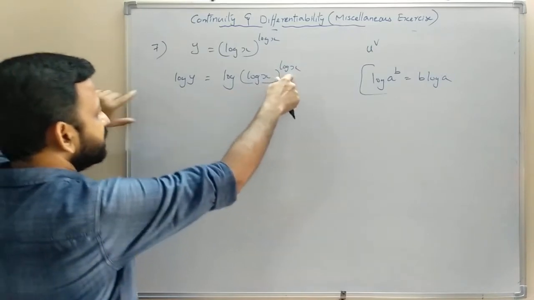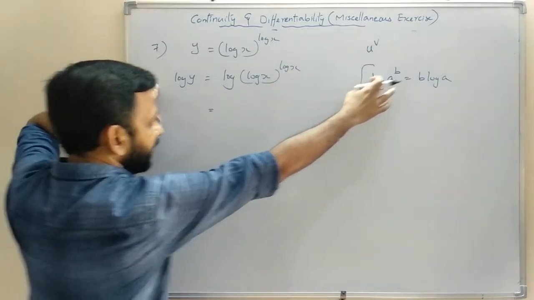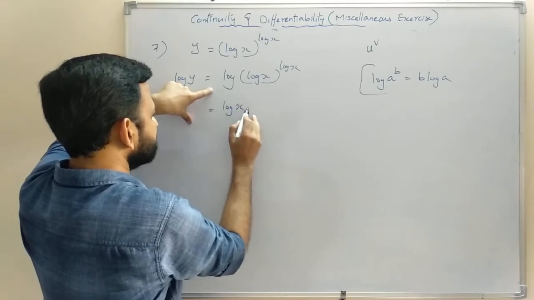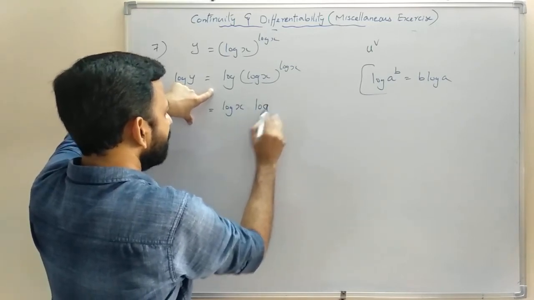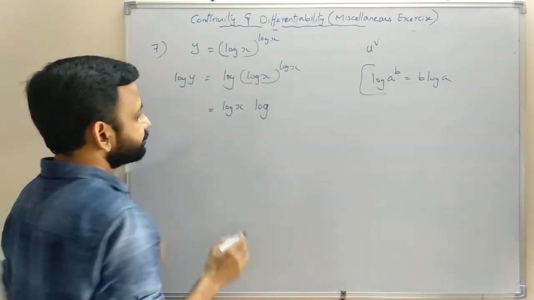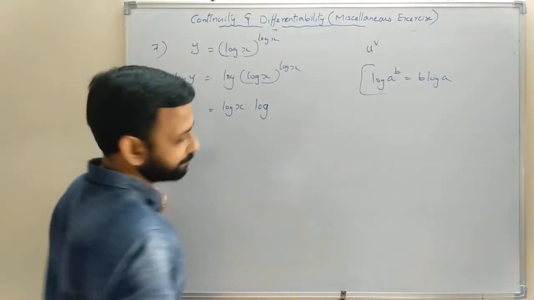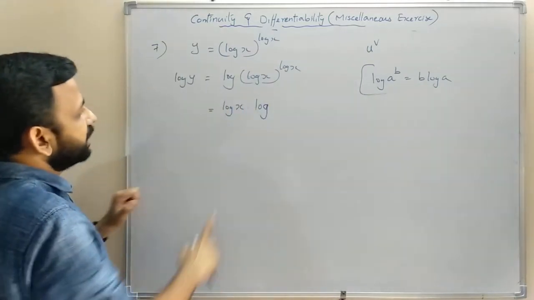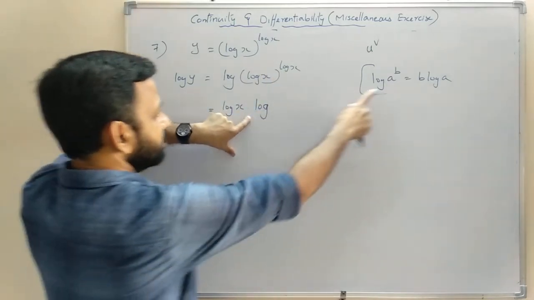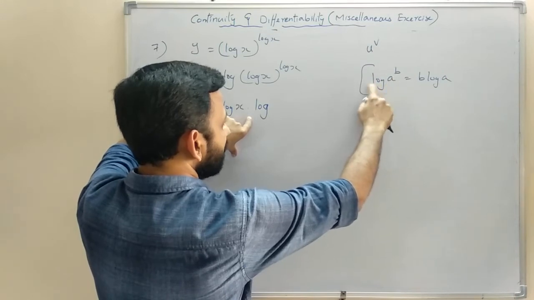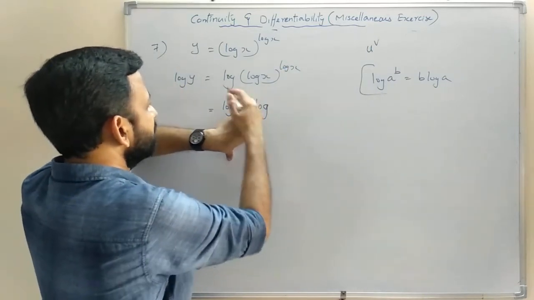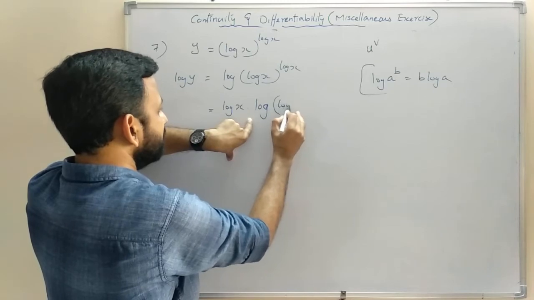So log x raised to log x will be log x into log, then in bracket log x.